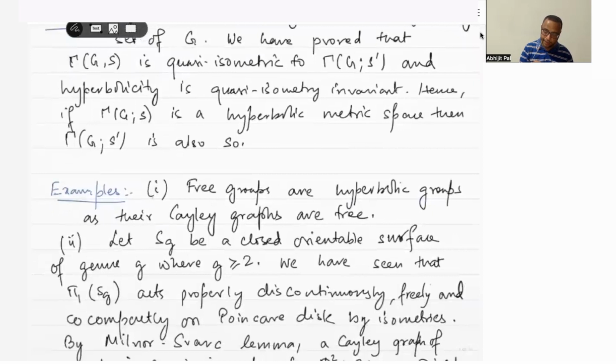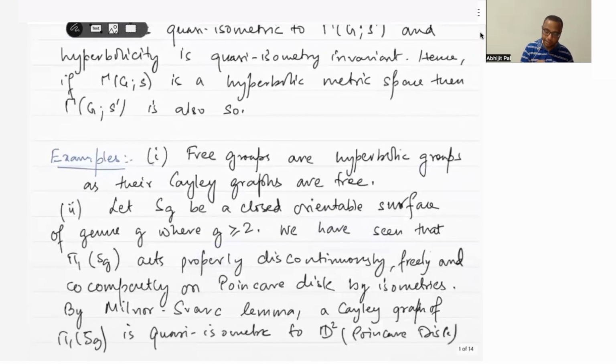Now if I take a closed orientable surface of genus g, where g is greater than or equal to 2, we have seen that the fundamental group of the surface acts properly discontinuously, freely, and co-compactly by isometries on the unit disk model of the hyperbolic plane. That is the Poincare disk.